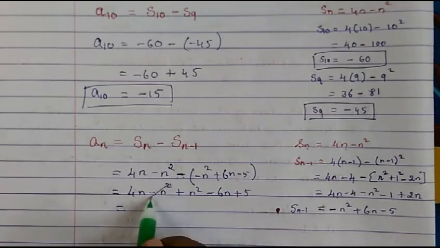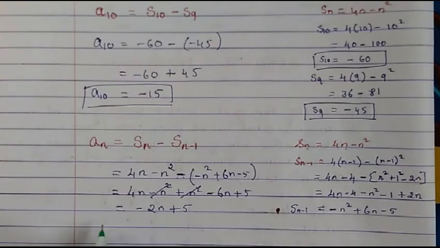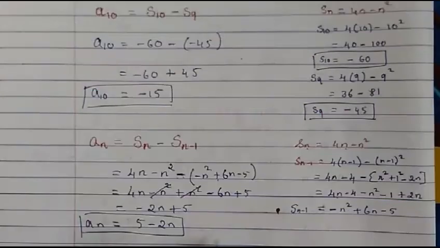So this gets cancelled. Here 4n minus 6n gives us minus 2n, plus 5. This can be written as an equals 5 minus 2n. So we found the an value. This is our answer. That's it.